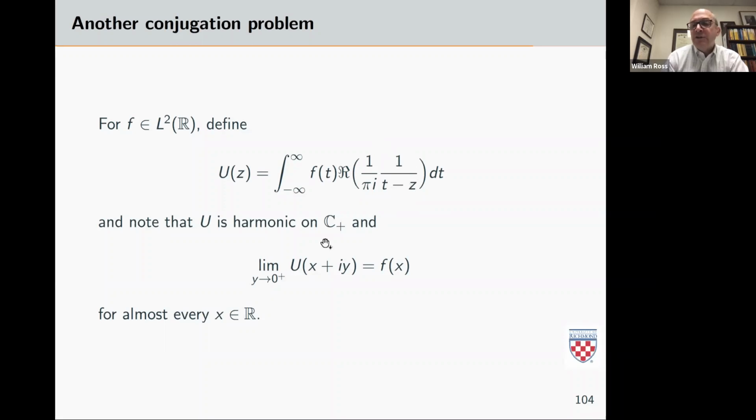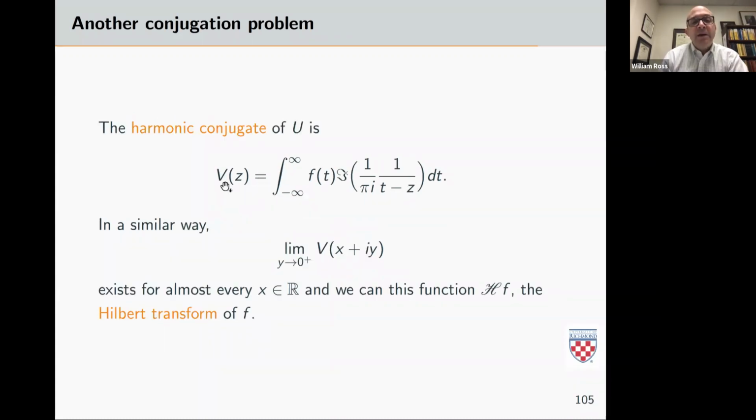This is a harmonic function, and there's a version of the Poisson kernel for the upper half plane. And so this thing is equal to f almost everywhere. So the harmonic conjugate should be when you take the imaginary part of this thing. This limit will exist almost everywhere, and the almost everywhere limit is going to be what's called the Hilbert transform of f.